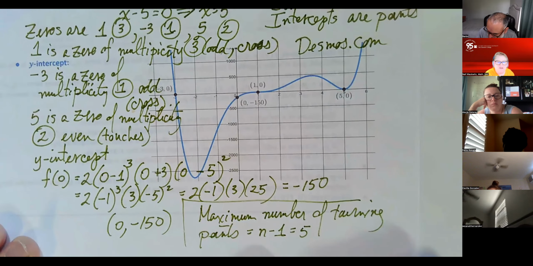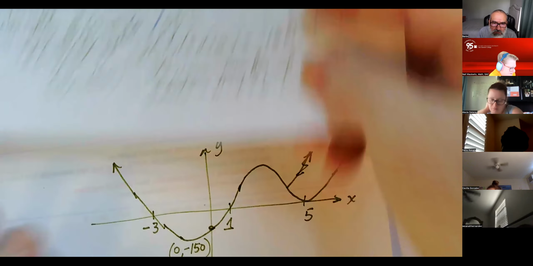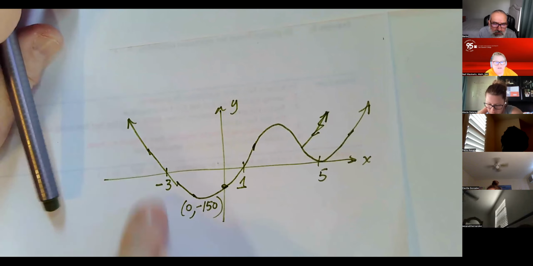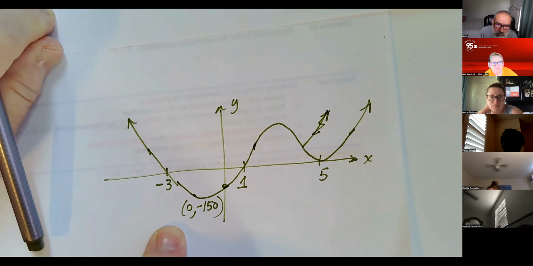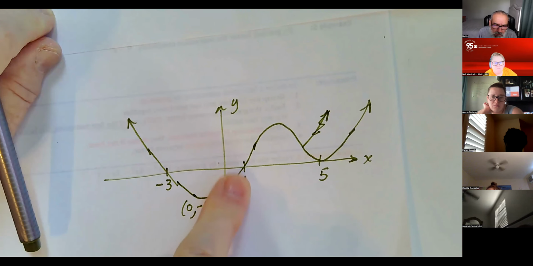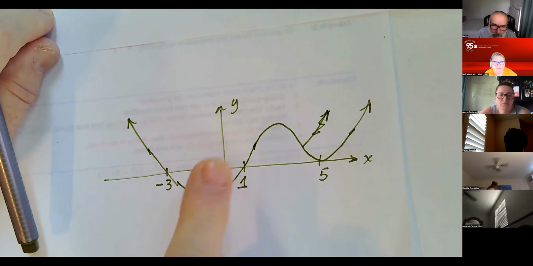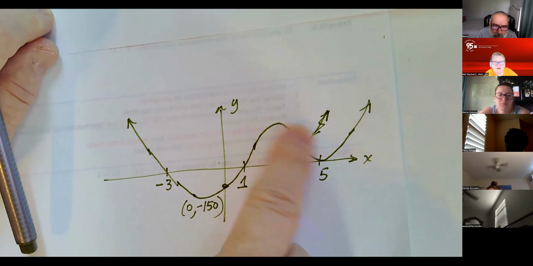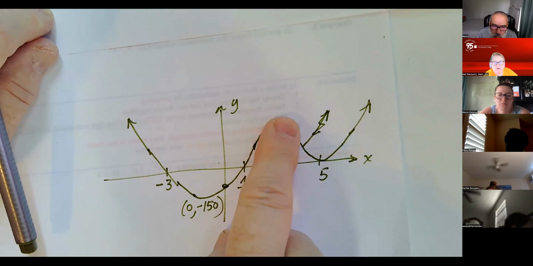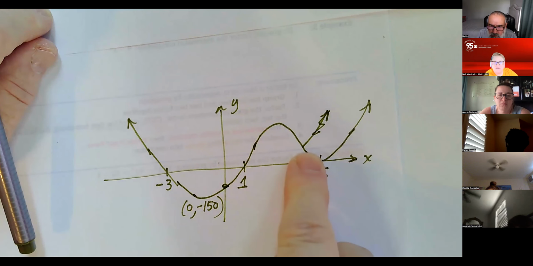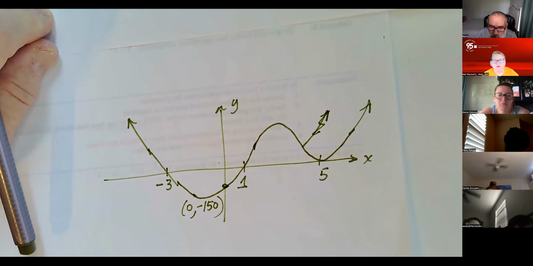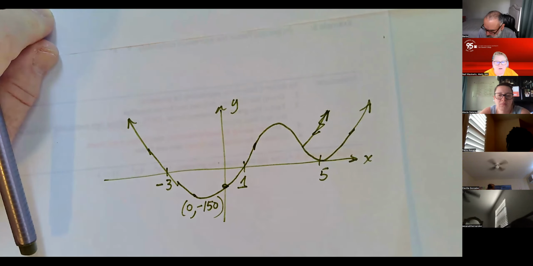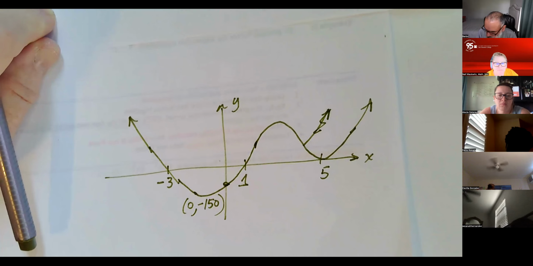Well, how many turning points do we actually have? Let's look at the sketch that we've made. How many times does the graph change direction? Is this 1? Yeah. And then up, here's another. So that's 2. And here's one more, that's 3. So it could have as many as 5 places where it changes direction. Ours has 3.